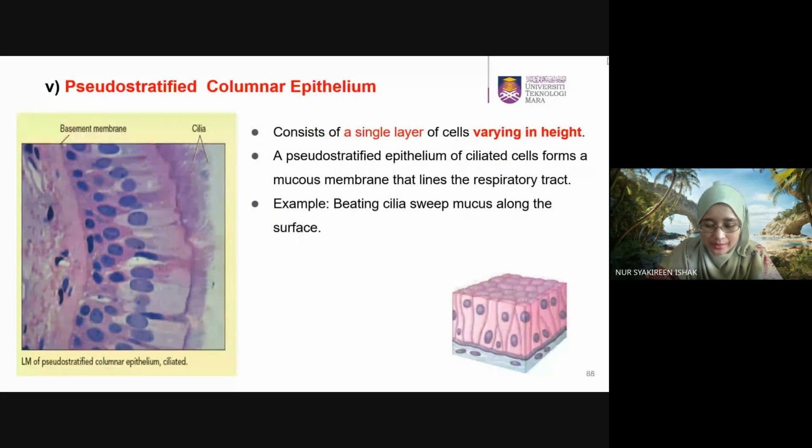And then pseudostratified, a single layer that seems to have many layers again. Why many layers? As you can see from the diagram here, the cells are of varying height. There are cells that are shorter and cells that are longer, so it seems that it has many layers, but actually it is a single layer.